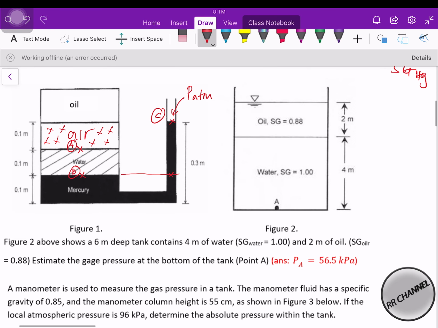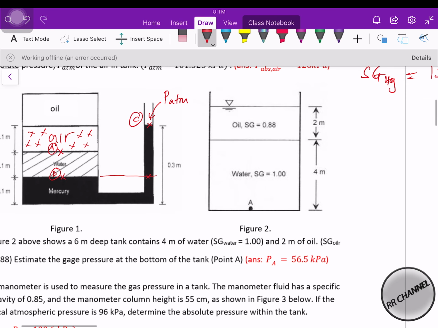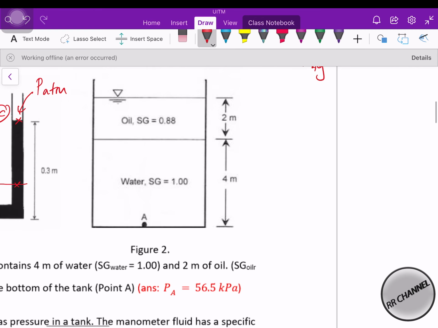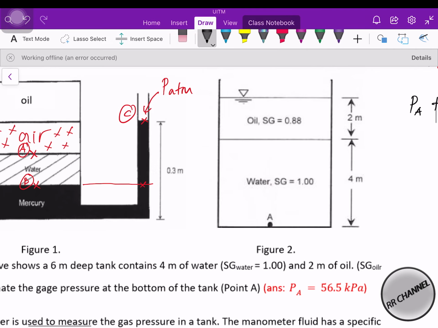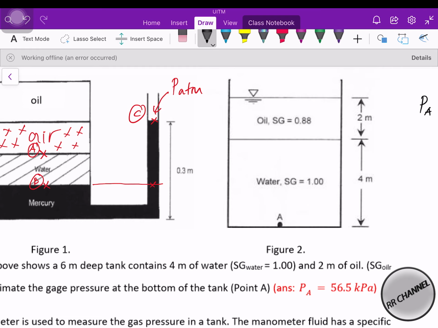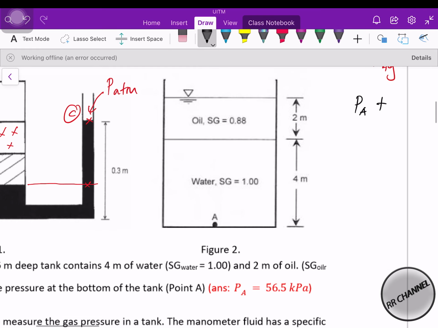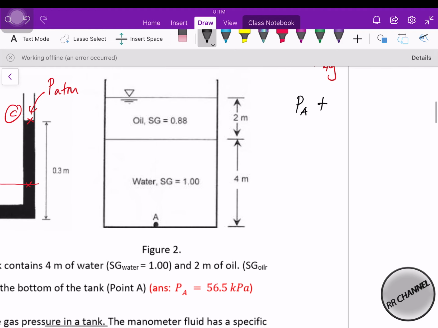Okay, so in order to answer this question, we can start from point C or point A. In this case, I will start at point A first. So we'll use the black one. PA plus, because we are going downward here to point B, so we need to add the pressure. When we add the pressure, the value should be in terms of rho g h.